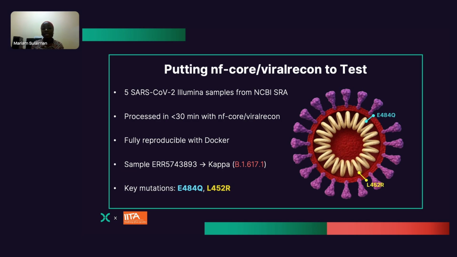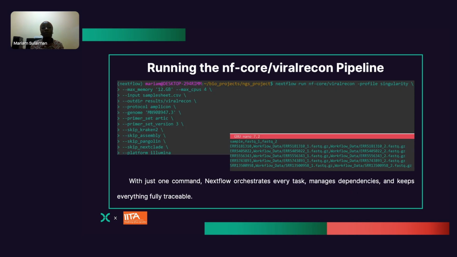And one key insight I derived from this analysis was the detection of the Kappa variant. One of the 5 samples with the ID ERR5743893 turned out to be the Kappa variant with 2 key mutations, which are E484Q and L452R.